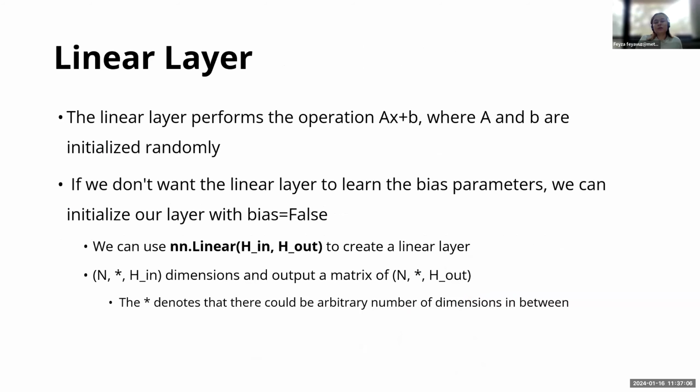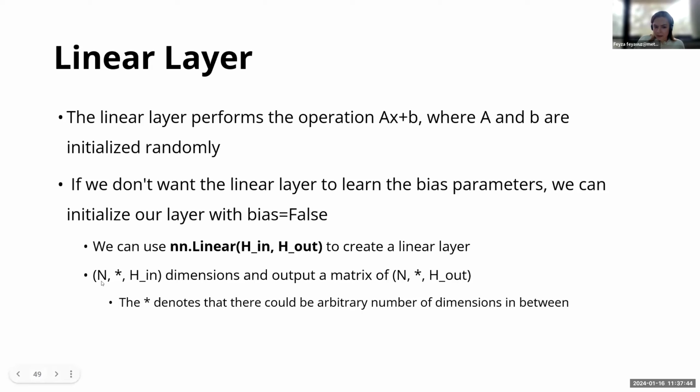Let's talk about the simplest layer, the linear layer. The linear layer performs the operation A times X plus B, as in linear algebra, where A and B are initialized randomly. If we don't want the linear layer to learn the bias parameters, we can initialize our layer with bias equals False. The syntax is nn.Linear(H_in, H_out), which means the dimension of input and the dimension of output.